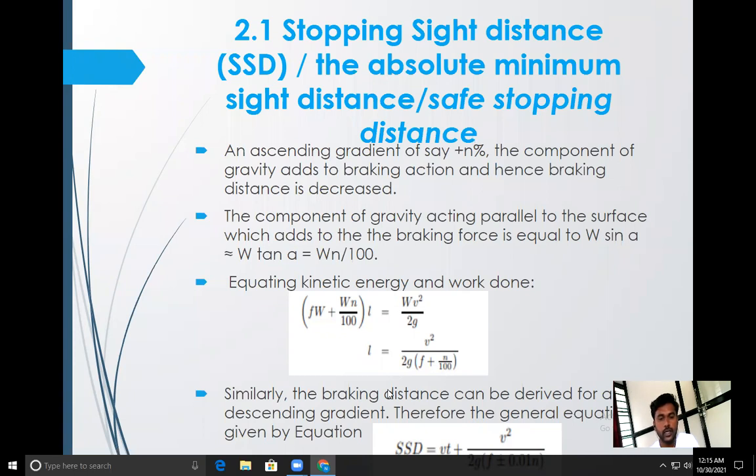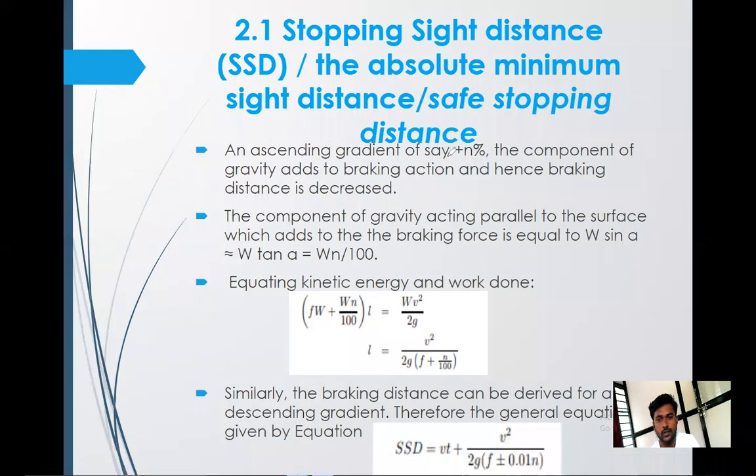When the gradient is plus, it means it is ascending, so we take it as plus, and when the gradient is descending, we take it as a minus. So when the gradient is there, we also have to add the gradient in the formula.